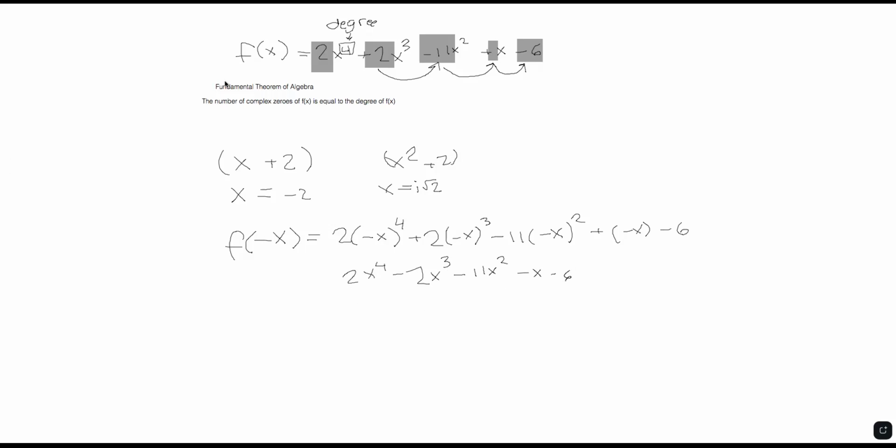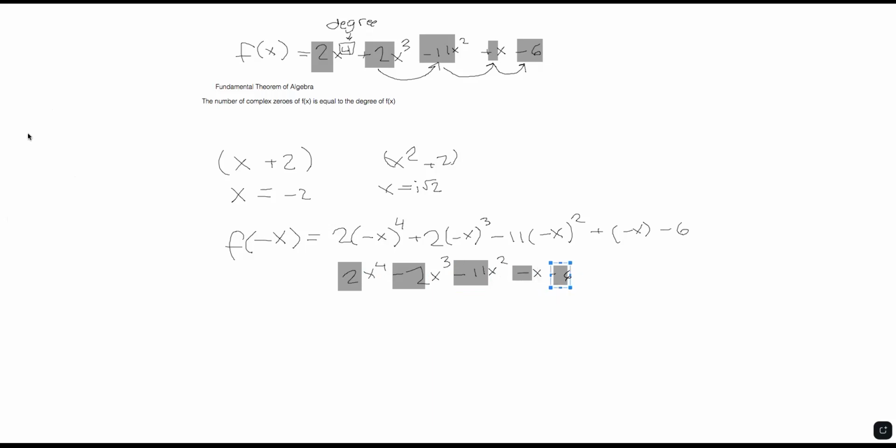So we're going to do the same thing we did with the original function. We're going to count how many times the signs of the coefficient change. So coefficients of this new function are 2, -2, -11, -1, and -6.